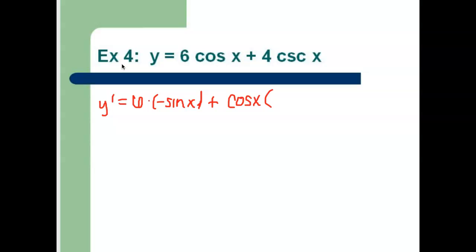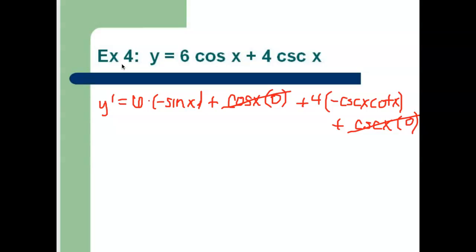Well, derivative of a constant is 0. Plus 4 times derivative of cosecant, negative cosecant cotangent, plus cosecant times derivative of 4, which is 0 also.